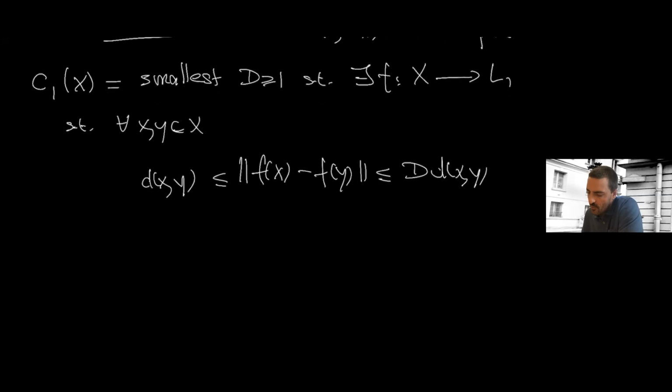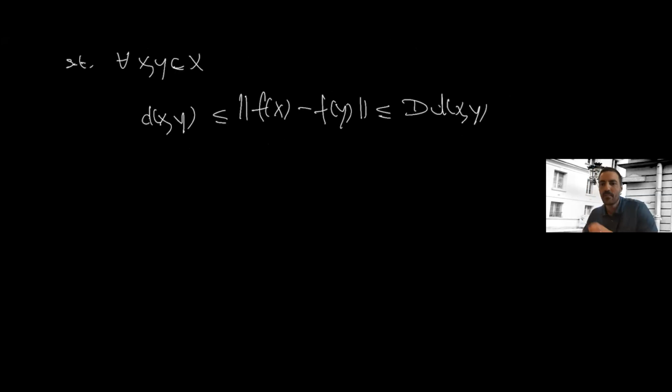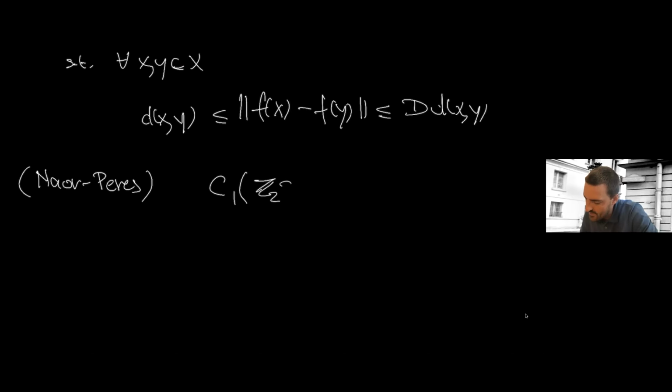So what do we know about bi-Lipschitz embeddings of lamplighter groups into L1? Well, we don't know that much. There are results of Naor and Peres saying the following. The L1 distortion of Z2 wreath Z is finite, which just means that there is a bi-Lipschitz embedding of Z2 wreath Z into L1.